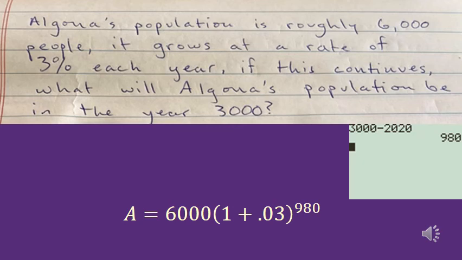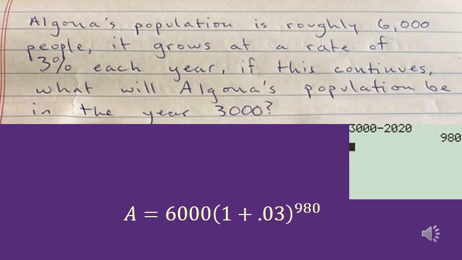Now, before I show you the answer, I want to point out that there are some things about this problem that probably in the real world you wouldn't necessarily find. First off, it says 6,000 people in Algona, and that's actually pretty close to right. So that number's fine.